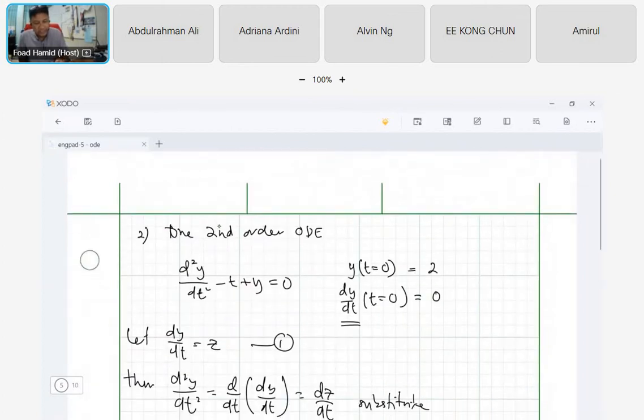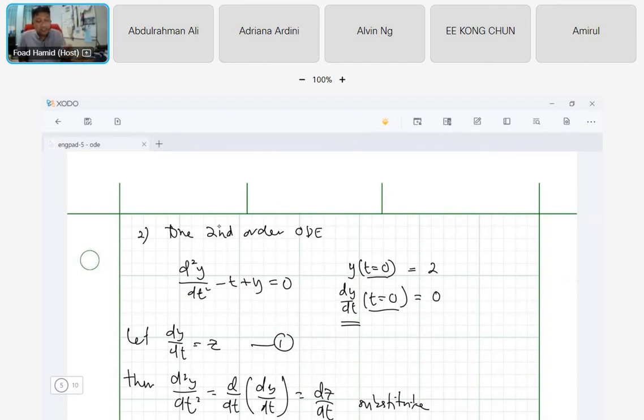The first condition is at t equal to 0. The second condition is also at t equal to 0. So the two conditions are defined at the same independent variable.